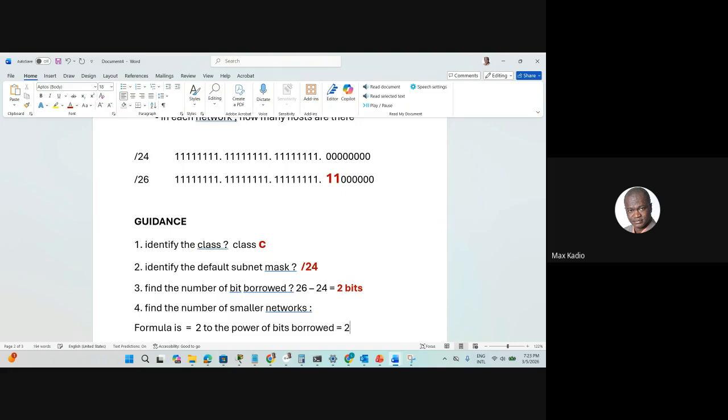So 2 to the power of 2 is 2 times 2 equals 4 smaller networks.